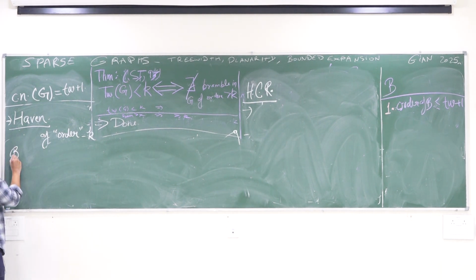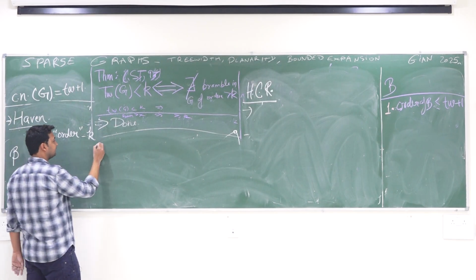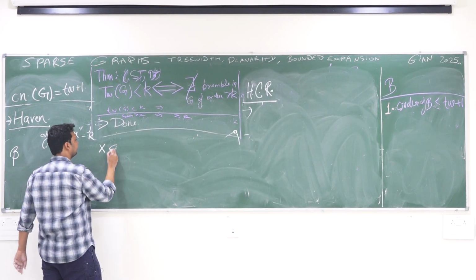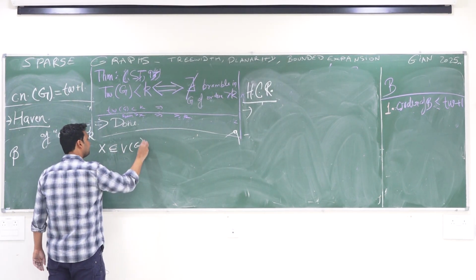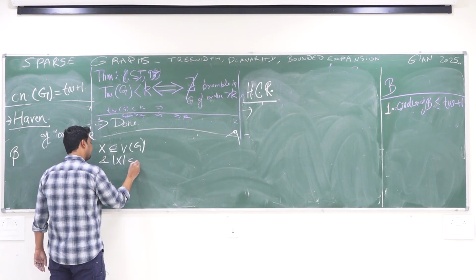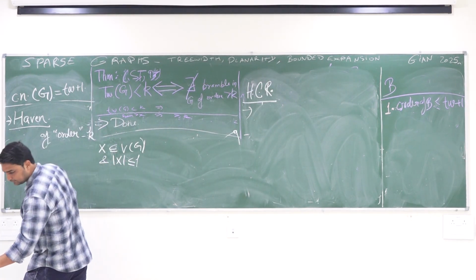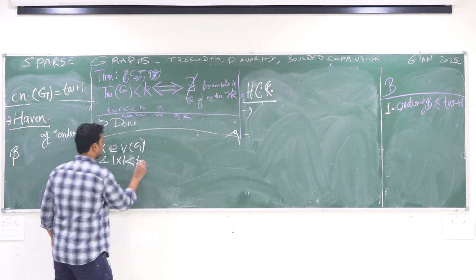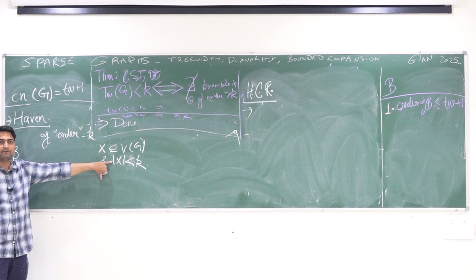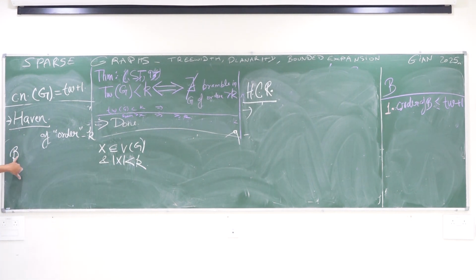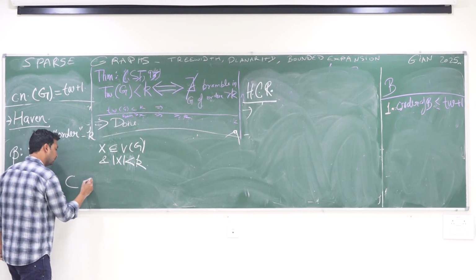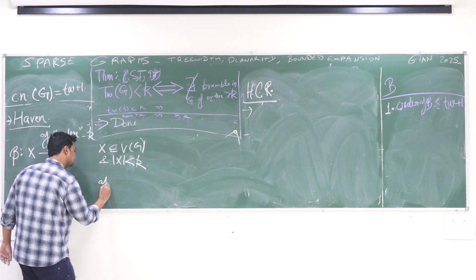It is a mapping beta: for every subset X of the vertices of G, with size of X less than K, I define a mapping from X to some connected component C of G minus X.